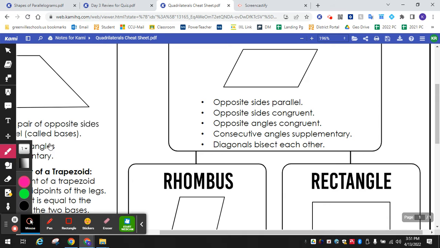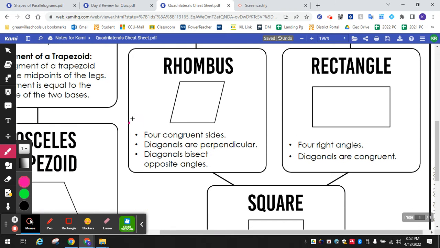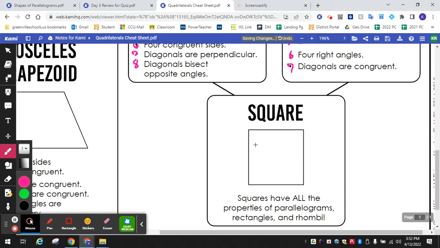So these facts, 1 through 5, continue through here, plus 6, 7, 8, and then the square has all of them. There are 10 facts about squares that you should know from this worksheet.